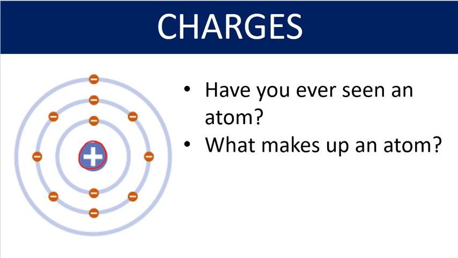Now, this model of the atom is known as the planetary model. It is called the planetary model because it likens itself to our solar system. You have the sun at the center. In this case, you have the nucleus at the center. The sun is massive, it's got a lot of mass, much more compared to the planets.